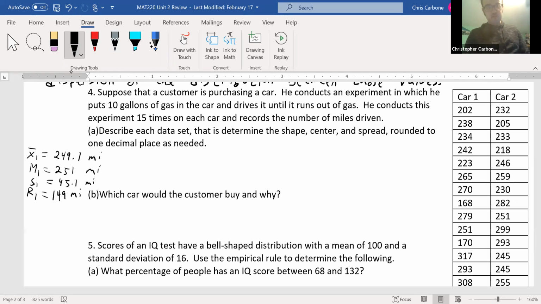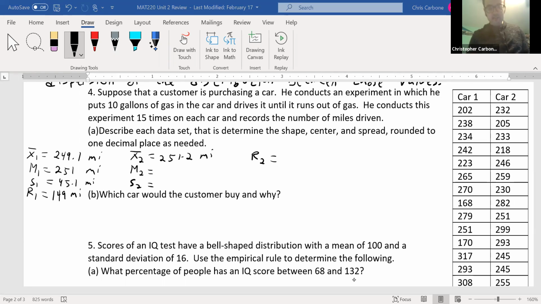For car 2, we're going to want the mean, median, sample standard deviation, and the range for car 2. So from what we saw, we had a mean of 251.2 miles.